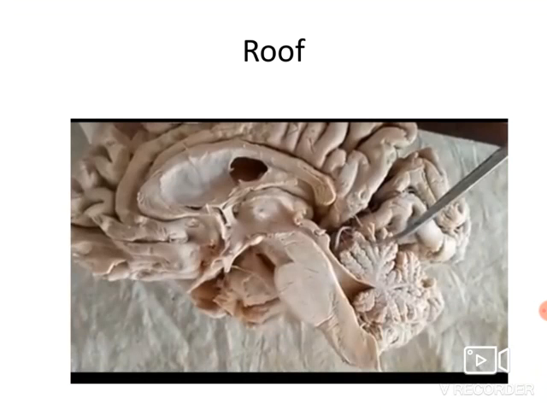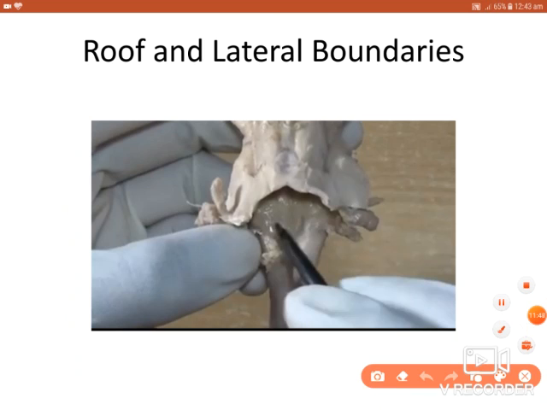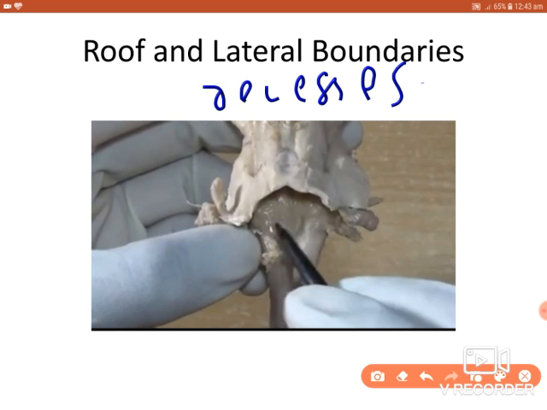Back to this diagram here. In relation to this fourth ventricle, there are some recesses. Recesses means these are blind diverticula. Here we get the lateral recess on each side, towards laterally. Here we get one lateral recess like that.